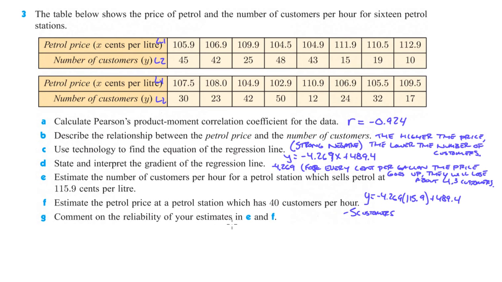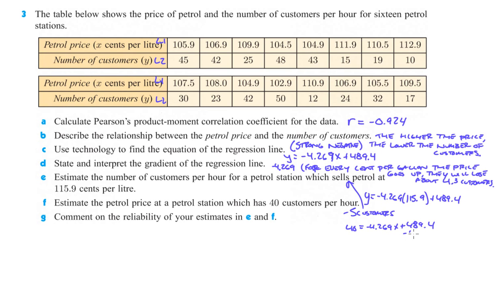It does say comment on the reliability of your estimates in E and F. Sorry, this -5 customers was for E. So F, estimate the petrol price at a petrol station which has 40 customers per hour. To do the 40, we're going to plug the 40 in for Y. So 40 equals -4.269x plus 489.4.